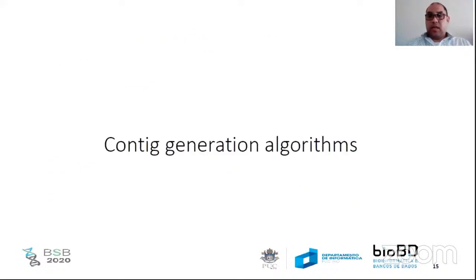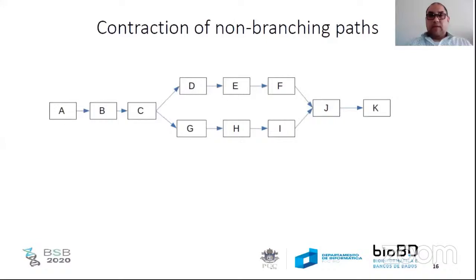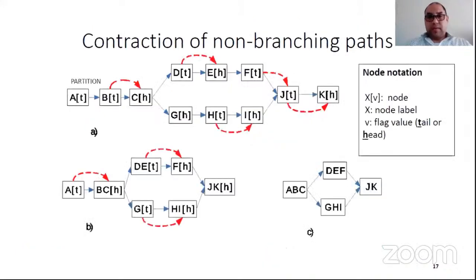Contig generation algorithms. The first algorithm for contig generation is the contraction of non-branching paths, as we mentioned. Here, for each node, we flip a coin with a value, tails or heads. The vertices that flipped tails pick a neighbor that flipped heads.